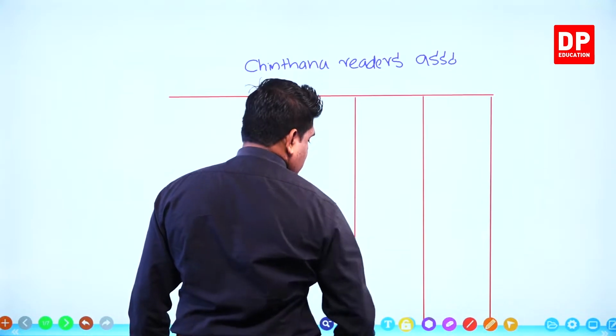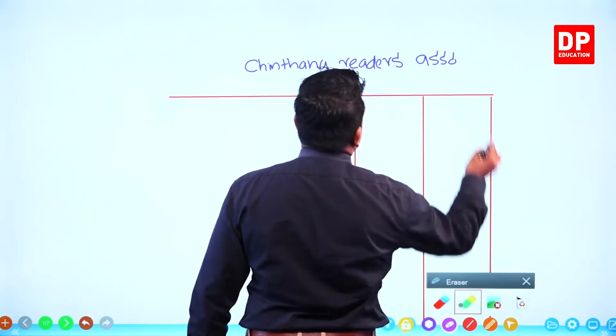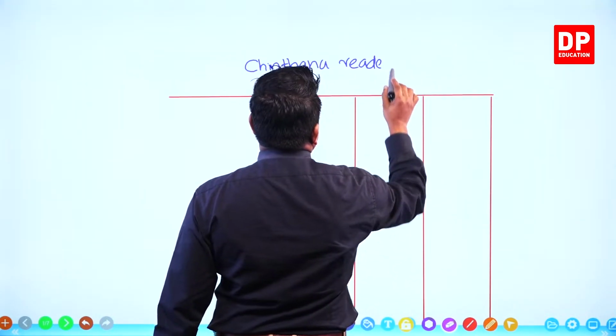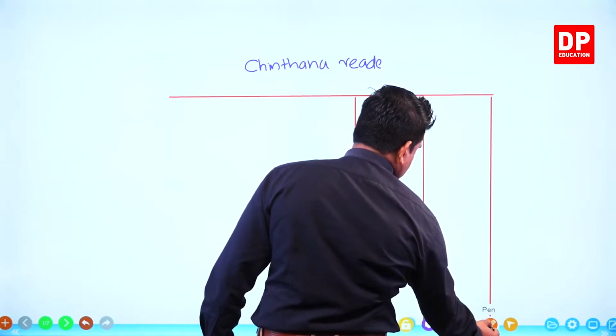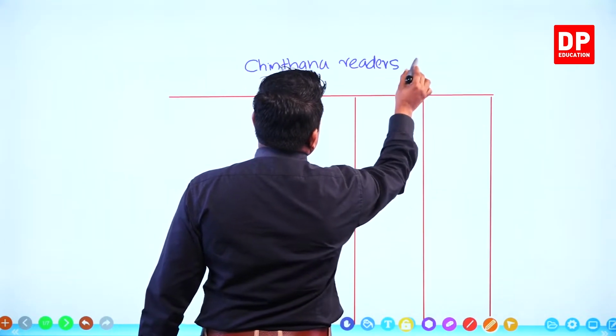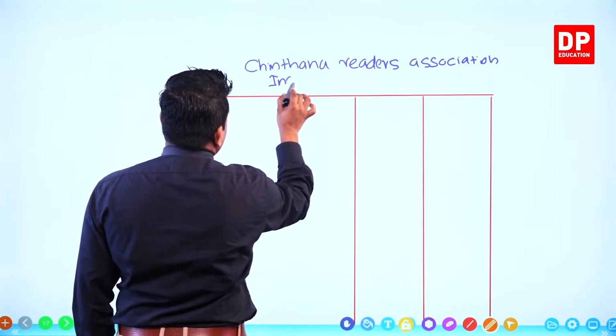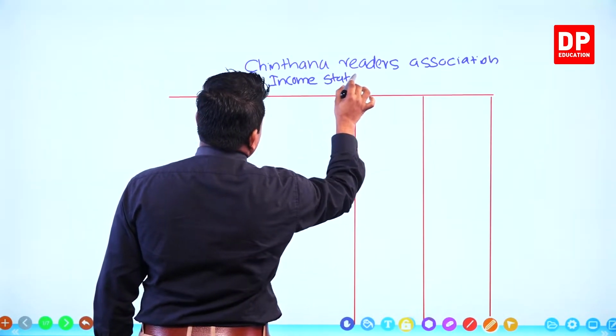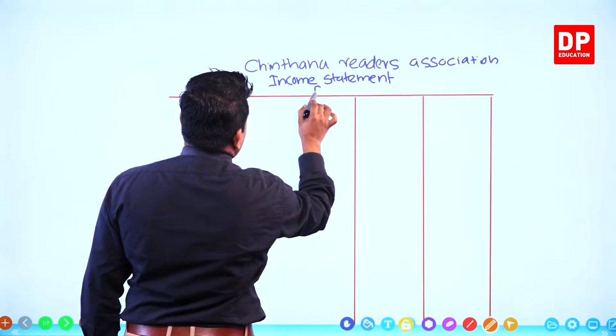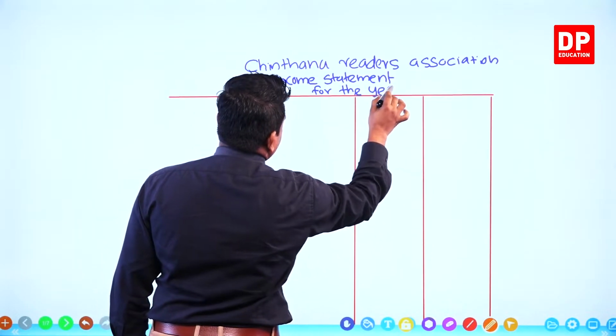Chintana Readers Association. Then the income statement for the year ended, when?